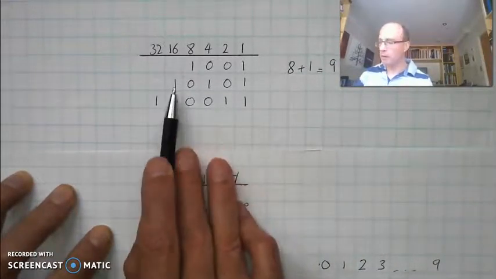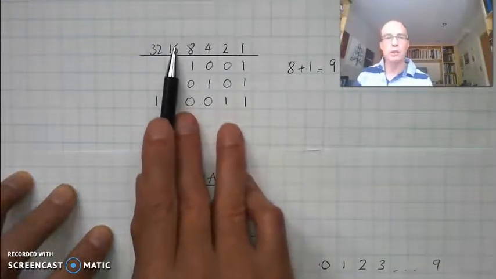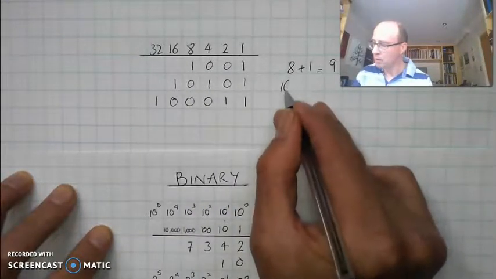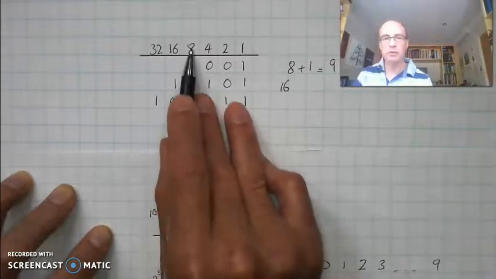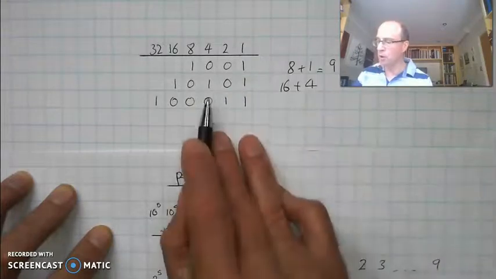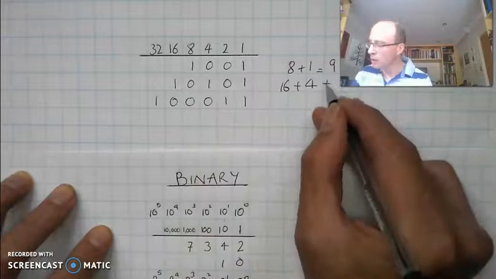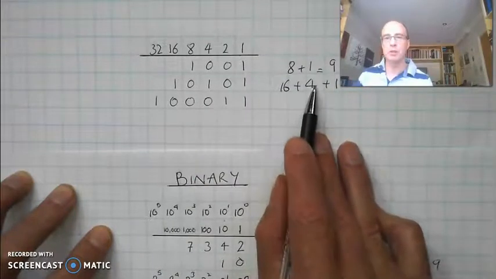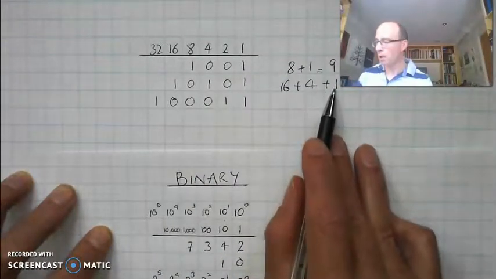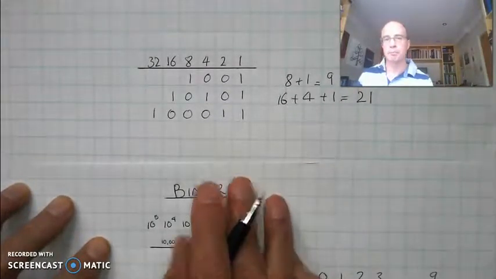The next number, I've got 10101, so I've got 1 16, I've got no 8s, I've got 1 4, so 16 plus 4, I've got no 2s, and I've got 1 1. So I can write that down as plus 1. So I've got 16 plus 4, 20 plus 1, and that's equal to 21.